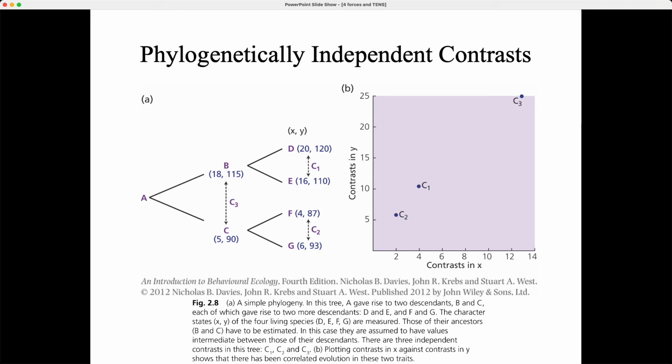And so that tells you, over this course of evolutionary time, how much did trait X evolve and in what direction, and how much did trait Y evolve and in what direction.